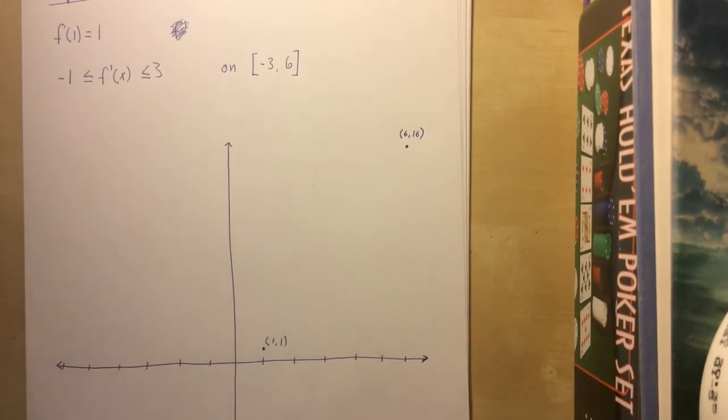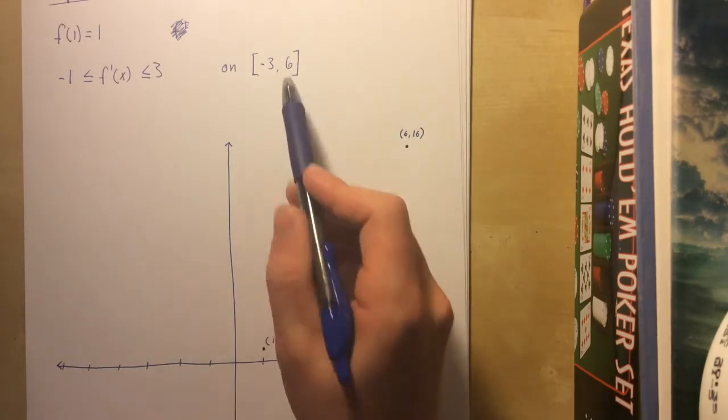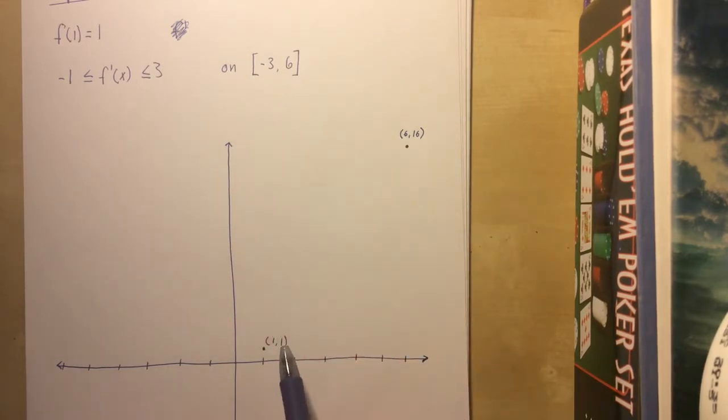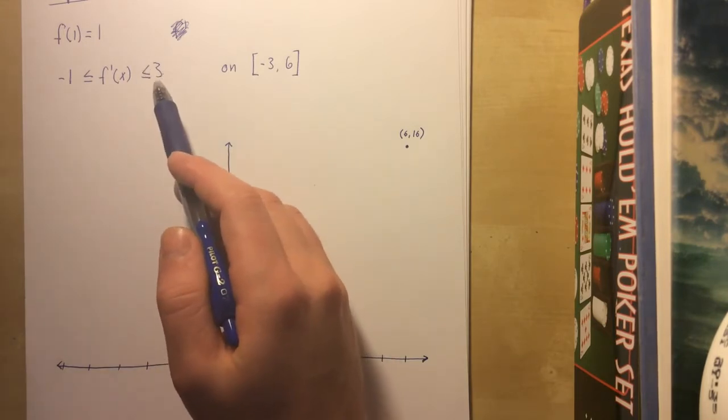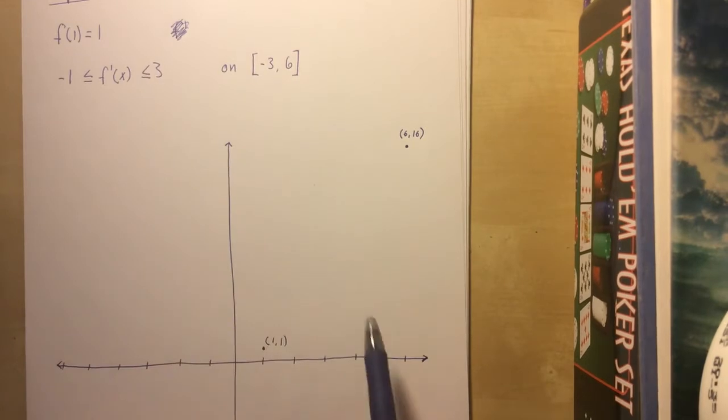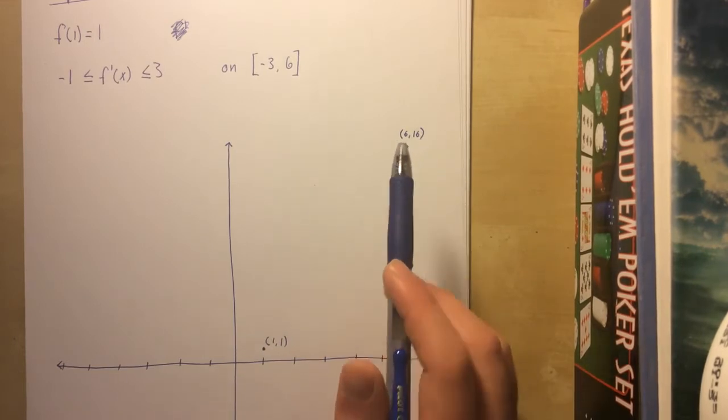Just to recap, I figured out the change in x, which was 6 minus 1. Then I multiplied that by the maximum slope and added that to our initial y value, which was 1. So 15 plus 1 gave us 16.